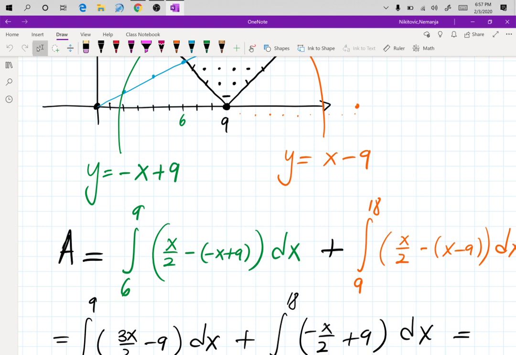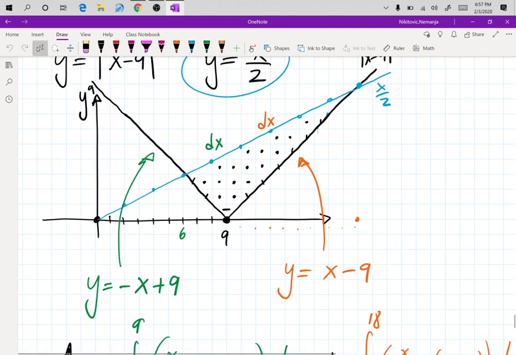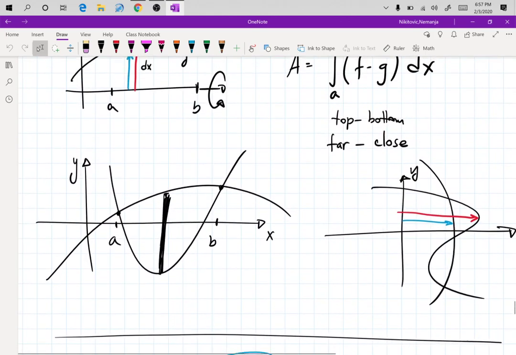Without the graph, you don't know which function is on top and which is on the bottom. Any precalculus student will say that the linear line was on top and the absolute value one was on the bottom. And that's exactly what you have seen in that integral. Don't worry about the integral, but I'm saying that this is the graphing part.